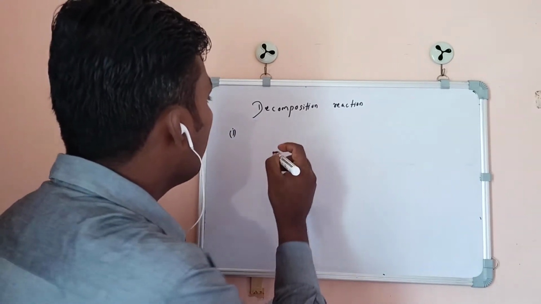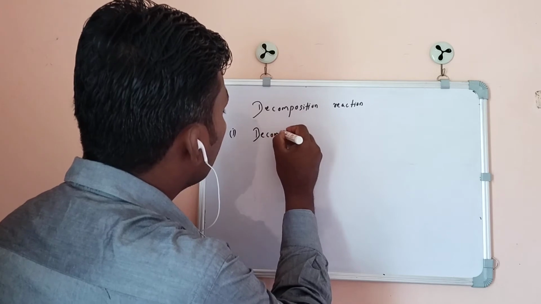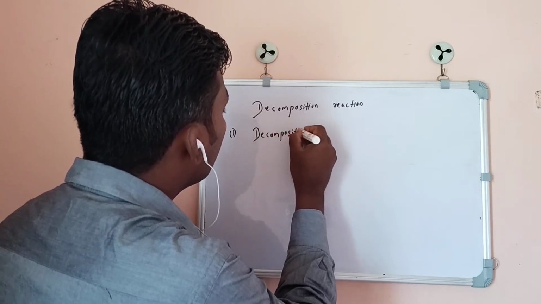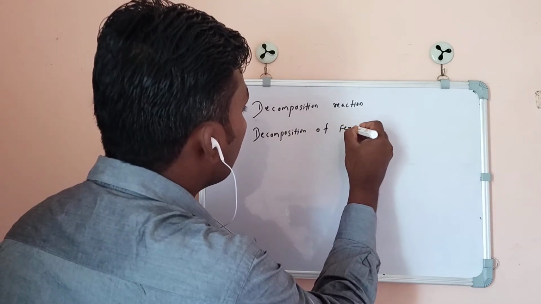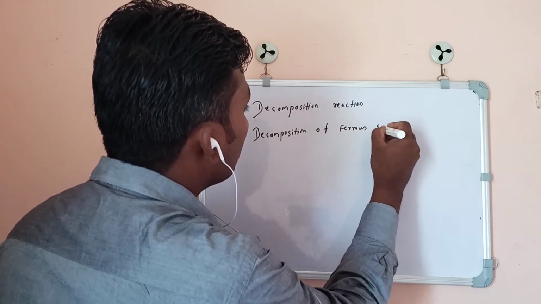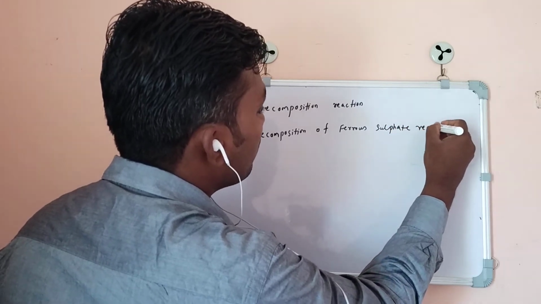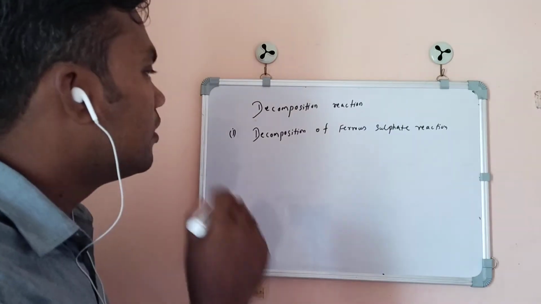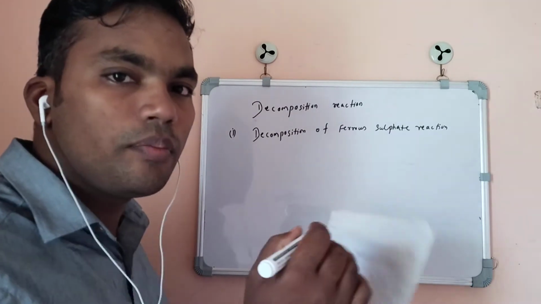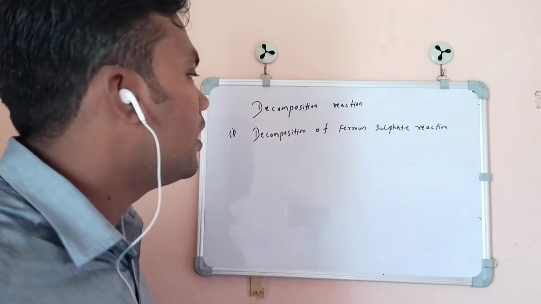What are we going to see today? Decomposition of ferrous sulfate reaction. In your textbook you can see these examples with a clear picture of how to perform the reactions in your school laboratory.